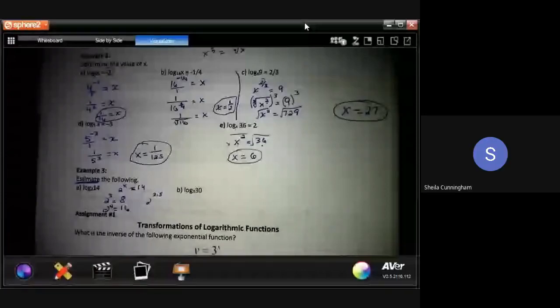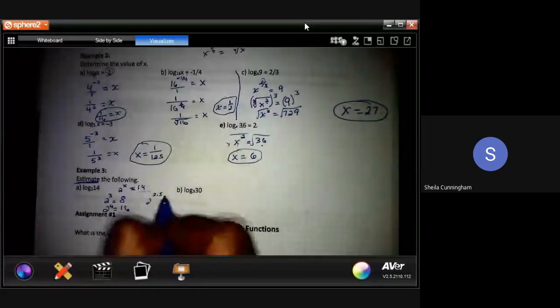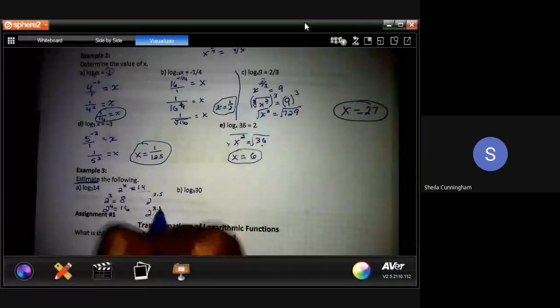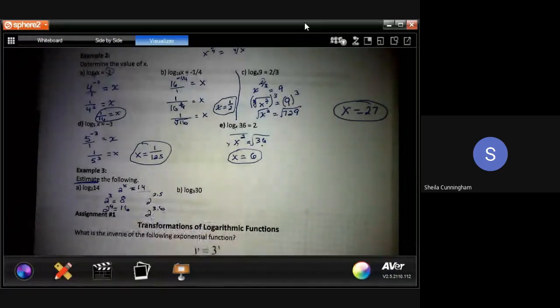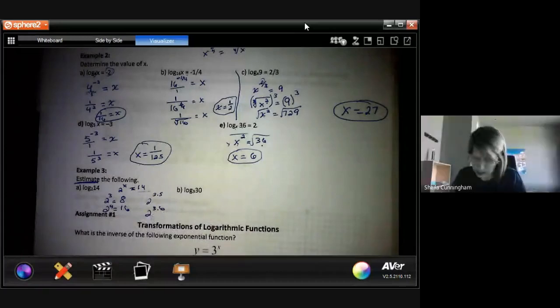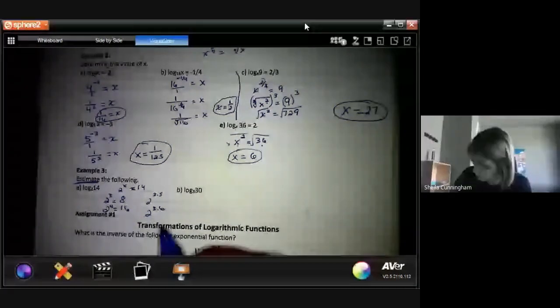So maybe we go 2 to the power of 3.6, and we try that in our calculator, and I'm getting 12. I'm still low on that one. So maybe I'm closer to 2 to the power of 3.8.